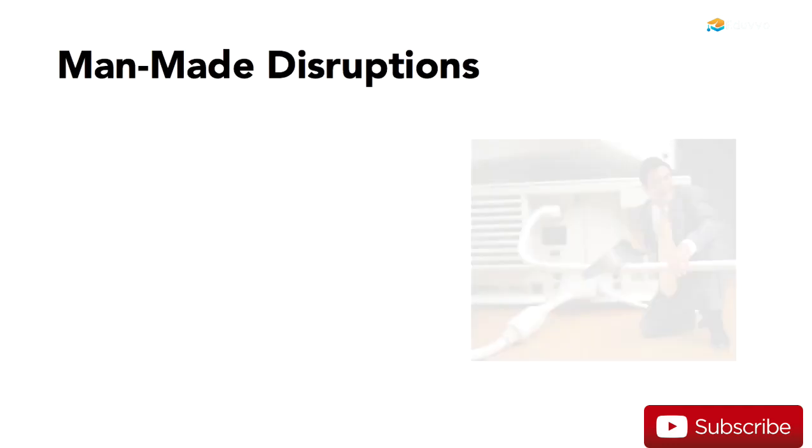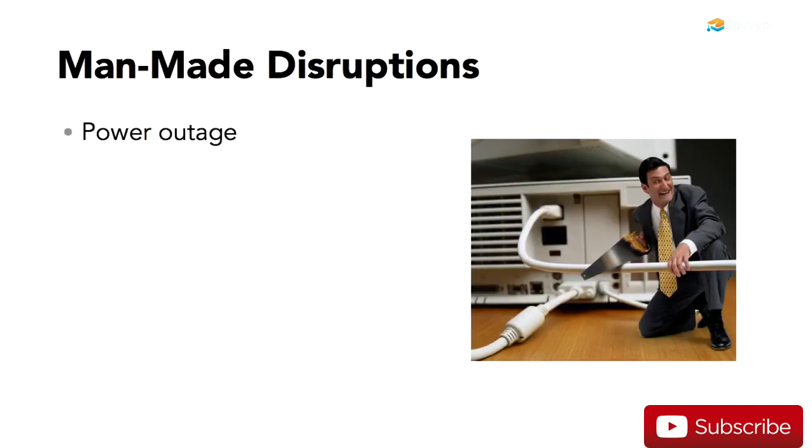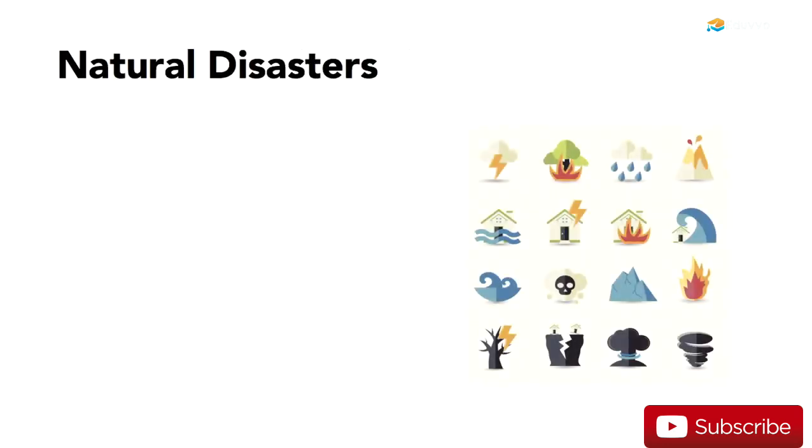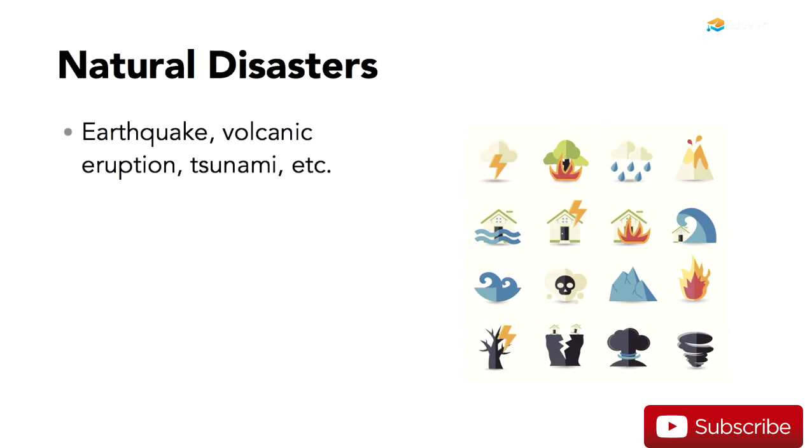Man-made disruptions to hardware, such as power outage and sabotage, can cause software to fail and malfunction, therefore affecting software security. Natural disasters can destroy computer hardware on which software is running. These natural disasters include earthquakes, volcanic eruptions, tsunami, etc.